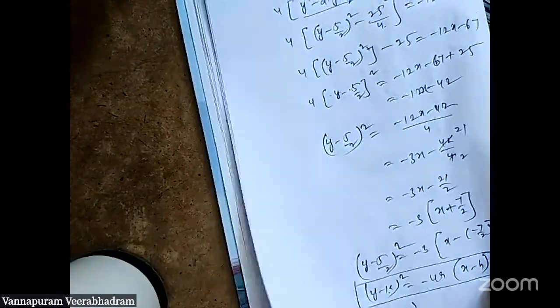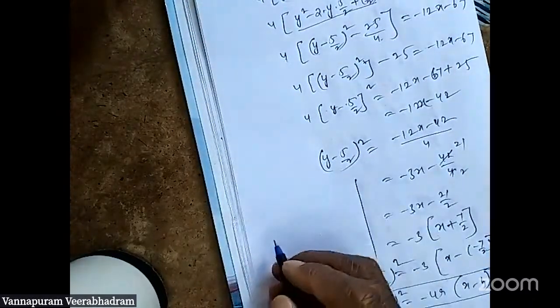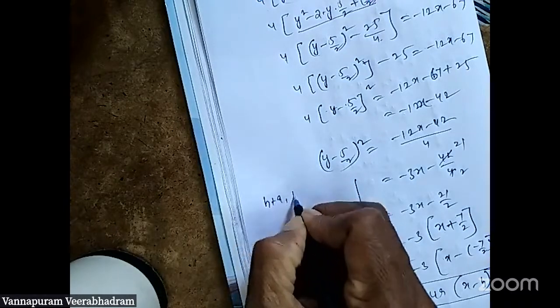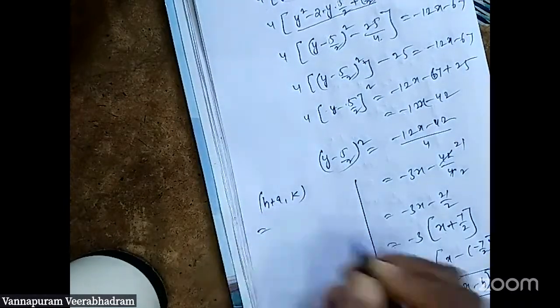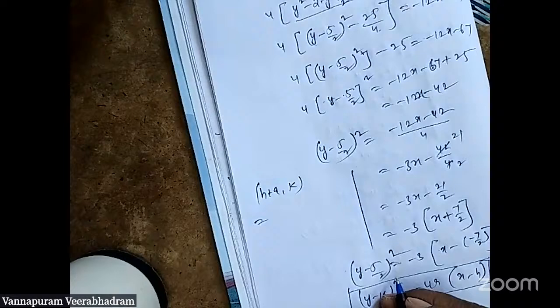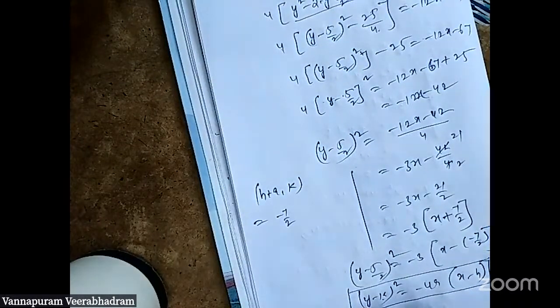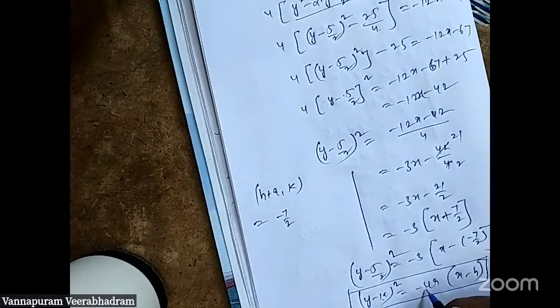The focus is h plus a comma k. So now substituting, here h value is minus 7 by 2 plus a.